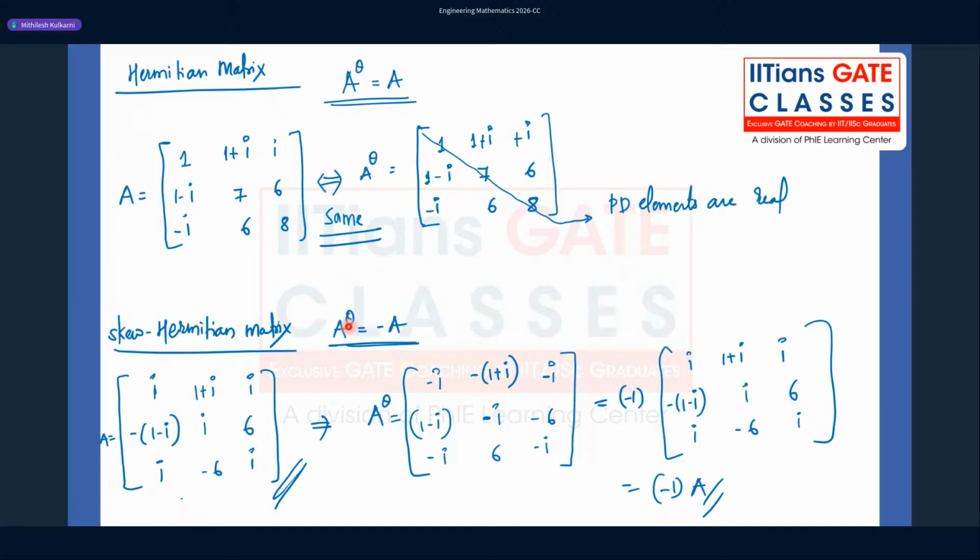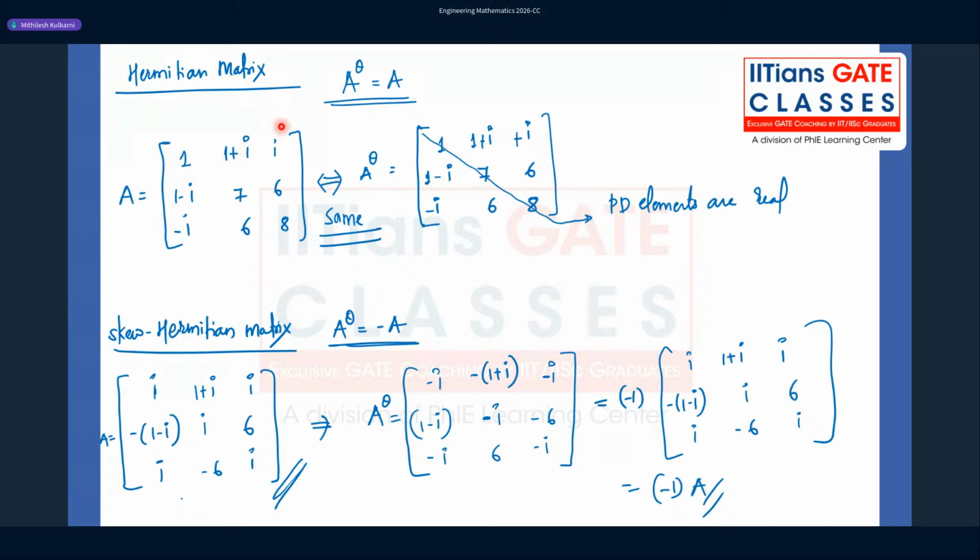Okay. Let's take one example of a Hermitian matrix. A to the power theta is equal to A. So I have a matrix A here, which is 1 plus i, 1 minus i, 7, 6, minus i, 6 and 8. And take a transpose of it. What will happen? This 1 plus i will come here, this side, right? But after taking the conjugate, this 1 plus i will become 1 minus i, like this.